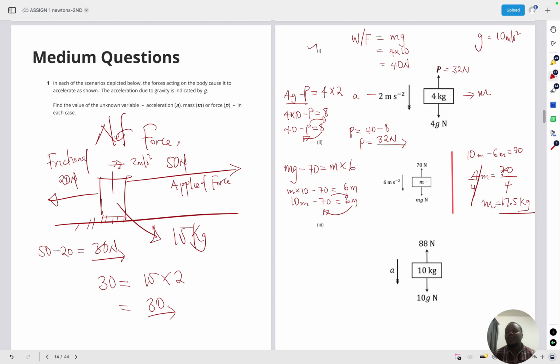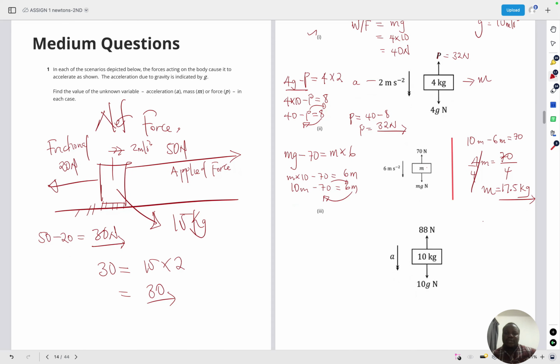So you can see we are just doing a direct application of Newton's second law of motion. Now what we want to find here is the acceleration, but we've been told the direction, because where the acceleration arrow points is the direction of movement.